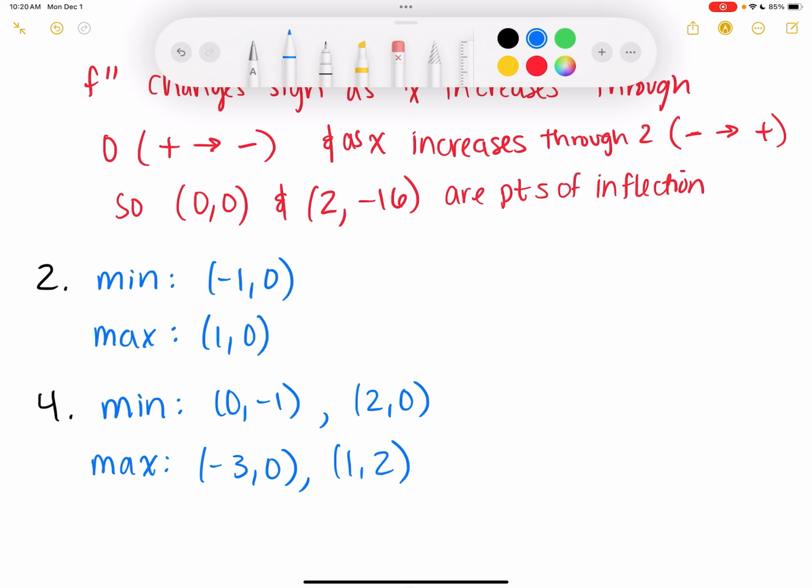How come there's 2 points for this one? Because the local mins and maxes are every time essentially the graph turns around. So how it's going down, and then it's going up, and then it's coming back down. So this is a min, and this is a max. But then there's stoppers here on the ends.